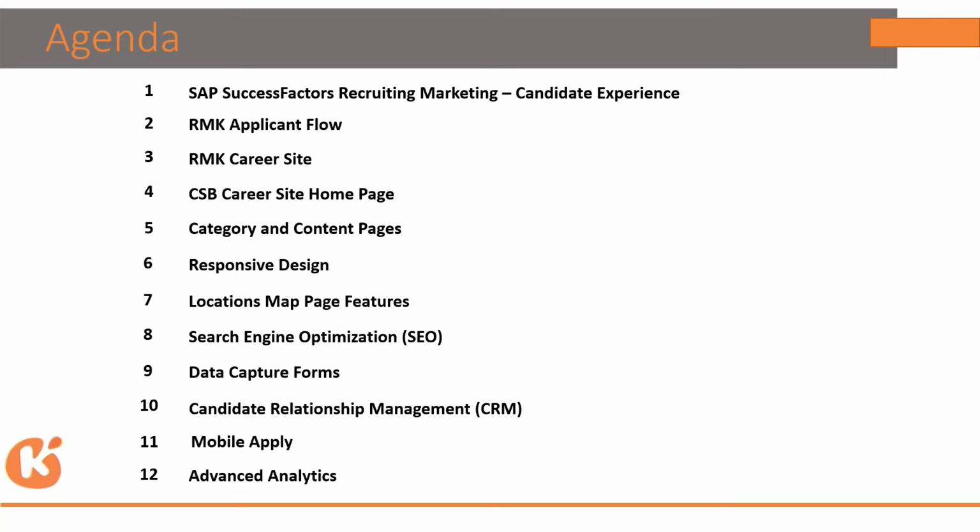Very rarely we use CRM, but it is one of the best features of RMK, which has to be promoted. Then mobile apply, and advanced analytics. This is all that we have in RMK.